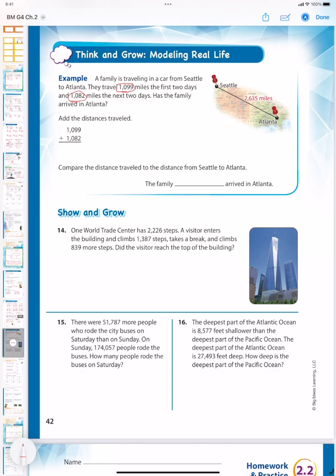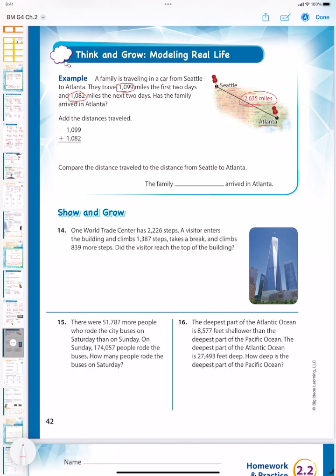And here, from Seattle to Atlanta, it takes how many miles? 2,635 miles. So you need to find the sum of the distances they drove, and then you have to compare with these miles. 2,635 miles.